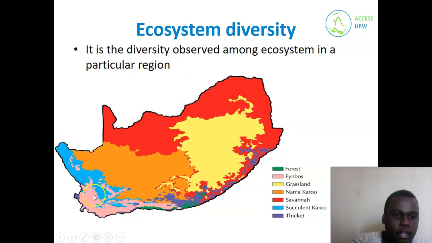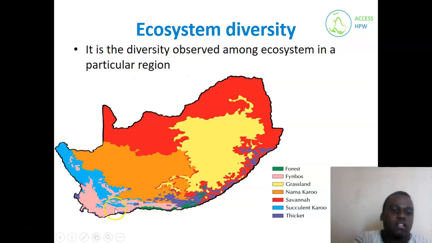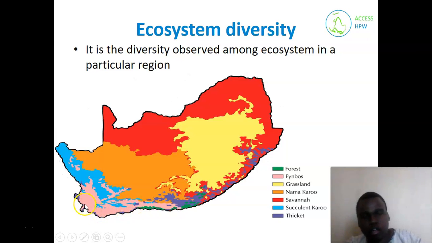We can see here in the pink, where it's shaded in pink, that is the fynbos. The fynbos will have distinctive species that will make it different from others. We'll have species such as the protea, and that will give the fynbos its unique characteristics.